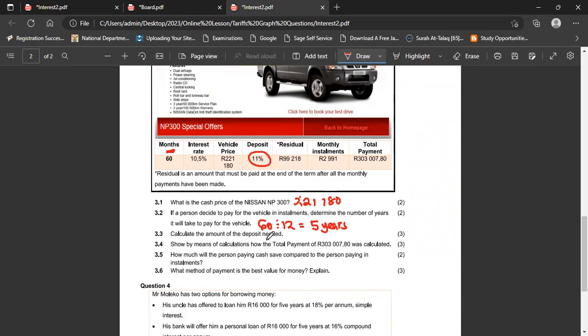So if you are to take the deposit needed, it will be 11 over 100 times the cash money, which is 24,329.80 cents. Deposit is that much. Okay.